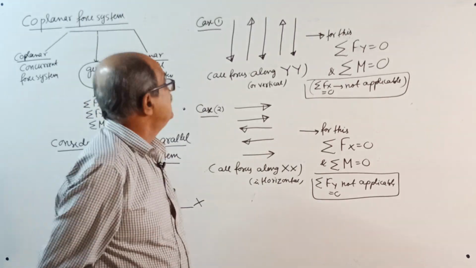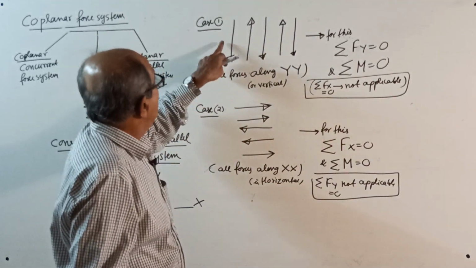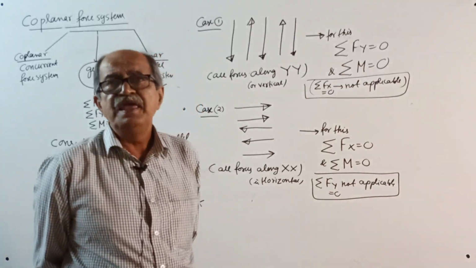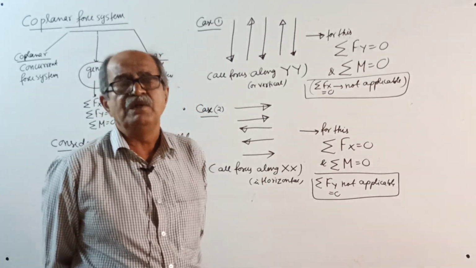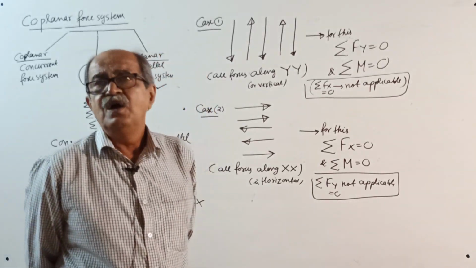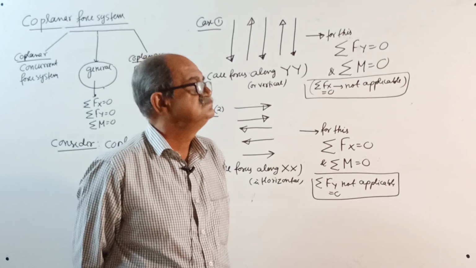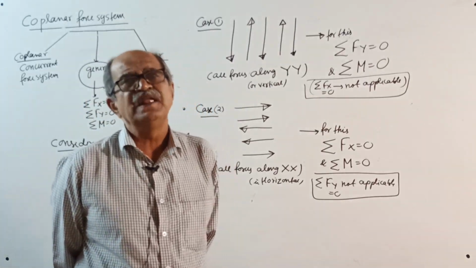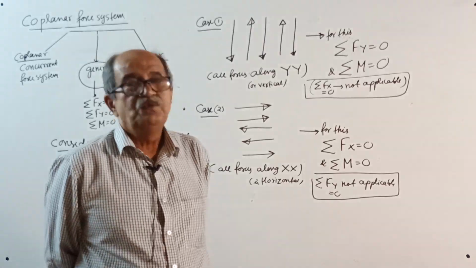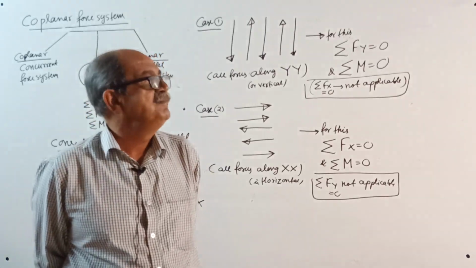Someone long back asked me, sir, in parallel force system, there are two types. Yes, which one? Sir, like parallel forces and unlike parallel forces. Okay. But you have shown unlike, sir. If it is like parallel force system, I told the answer immediately. Think a little. We are considering equilibrium.